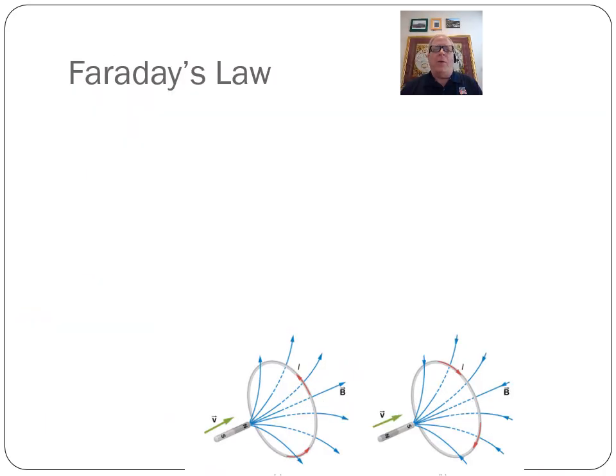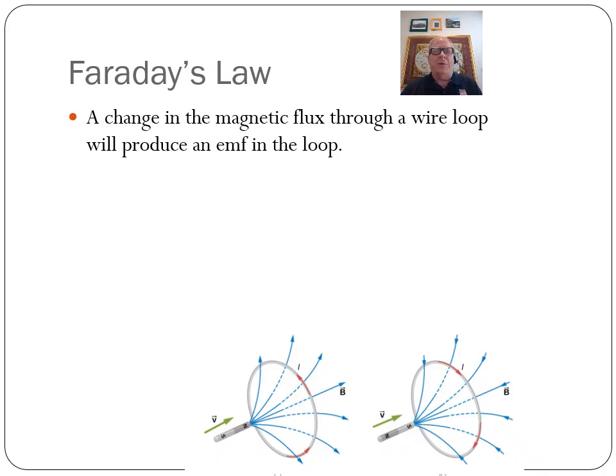So now we are ready to introduce the actual concept that we were leading up to here. Since we defined the EMFs produced by changing magnetic fields, and we've introduced the concept of magnetic flux, we are now ready to talk about Faraday's law, which relates those two things. A change in the magnetic flux flowing through a wire loop will produce an EMF in the loop.